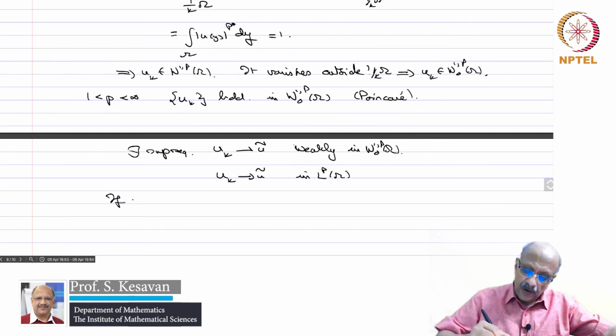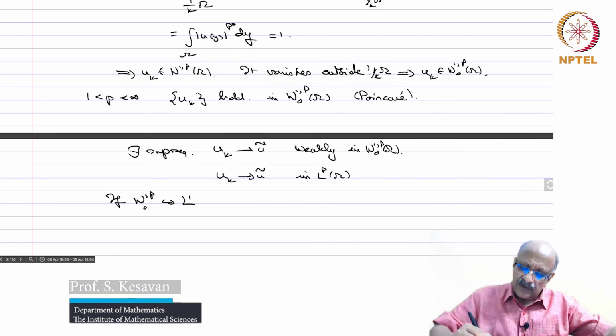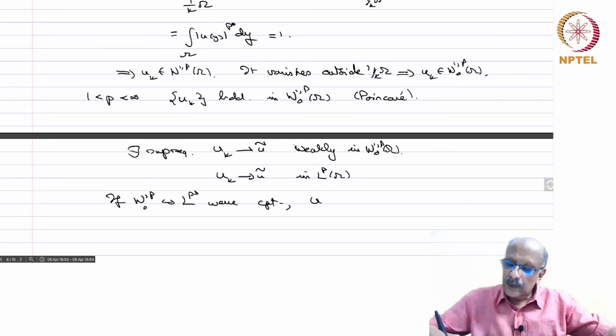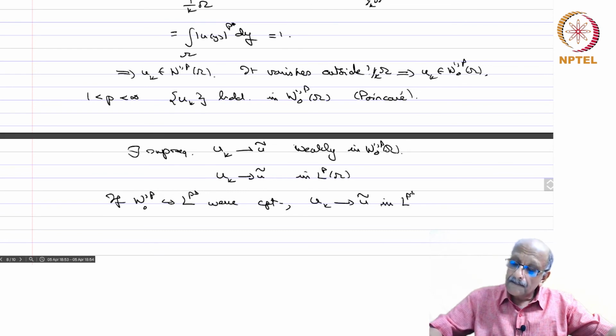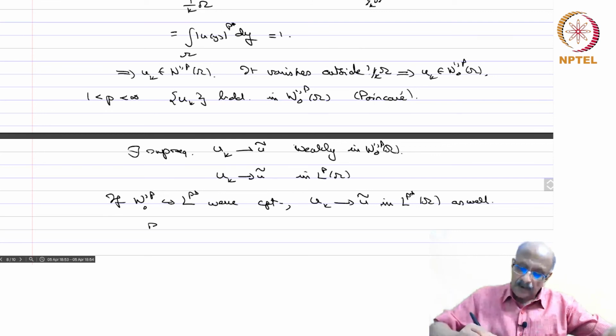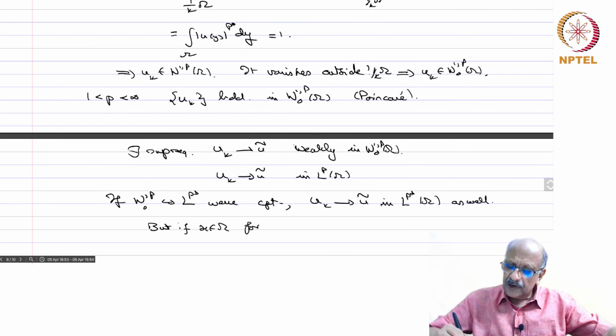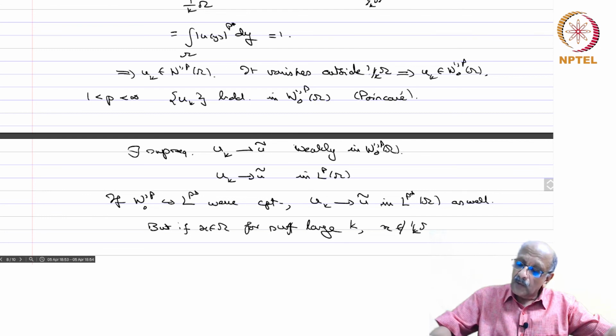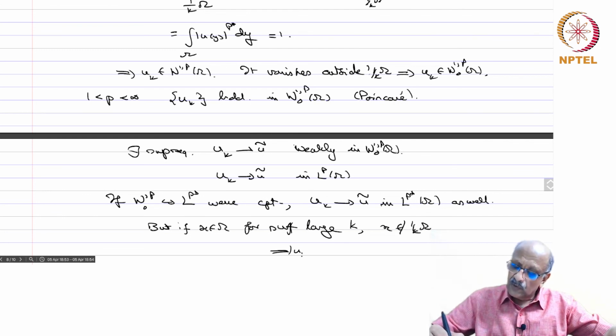So if W^{1,p}_0 into L^{p*} were compact, then u_k will go to u tilde in L^{p*} of omega. But if x belongs to omega, for sufficiently large k, x is not in (1/k) omega, which implies u_k of x equals 0.